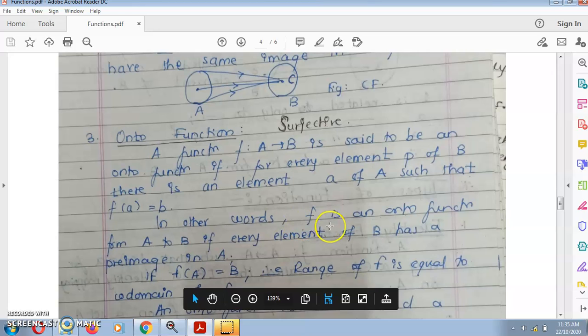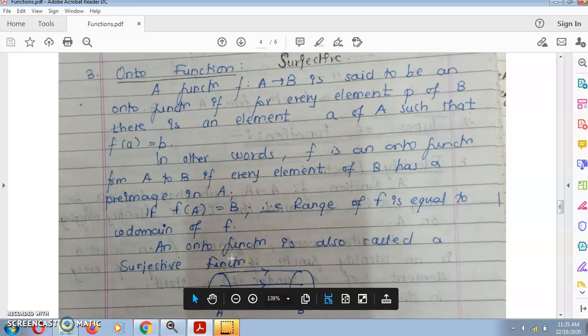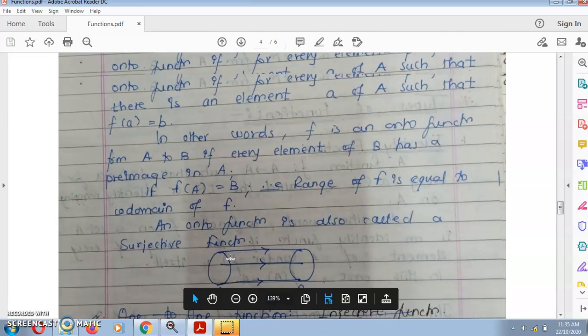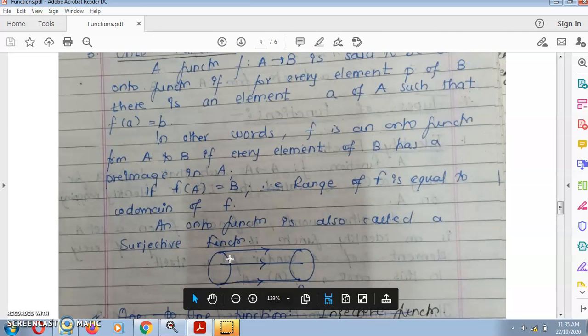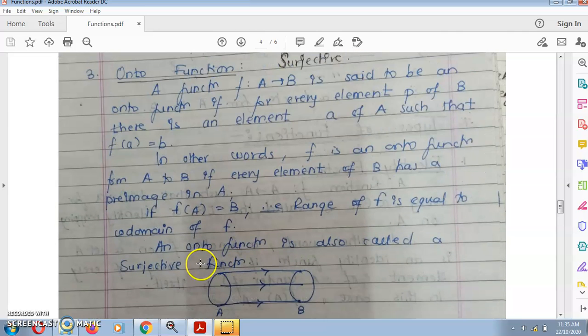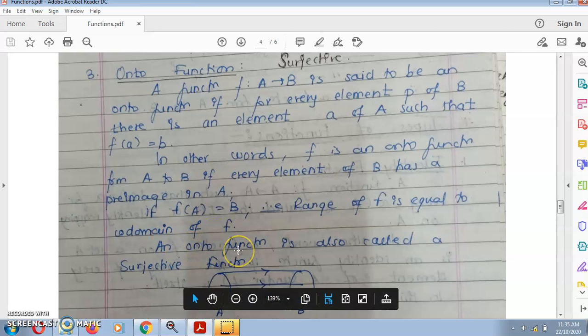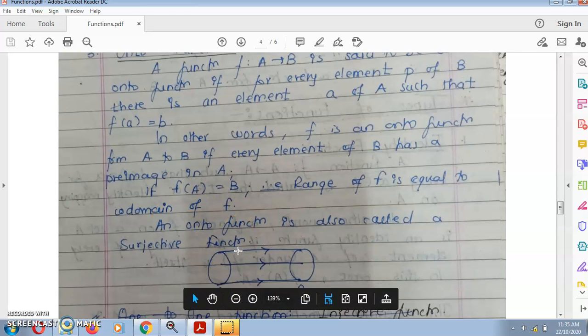In other words, f is an onto function from A to B if every element of B has a pre-image in A. If f of A is equal to B, that is, the range of f is equal to the codomain of f. An onto function is also called a surjective function.